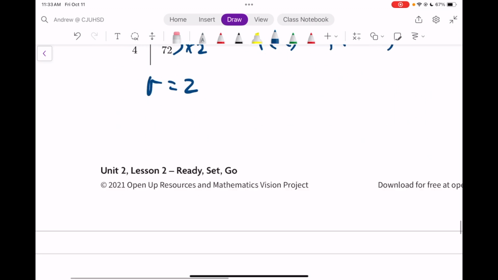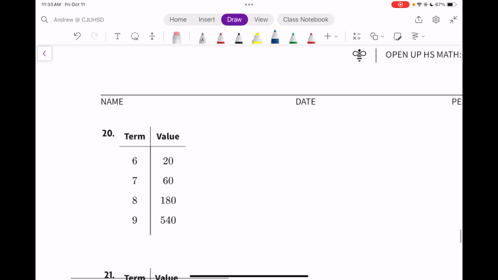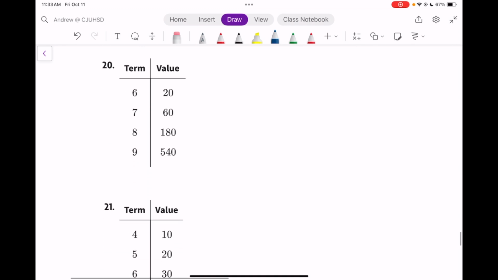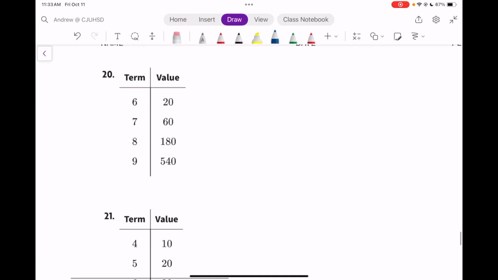Now, a little variation here on number 20. Now we're starting at 6. Explicitly, we would still start with f of n. You still start with your first number 20. By the way, on this one, we're multiplying by 3.